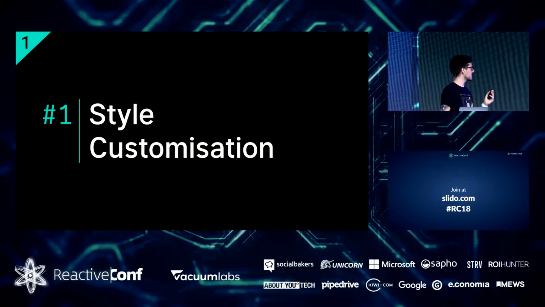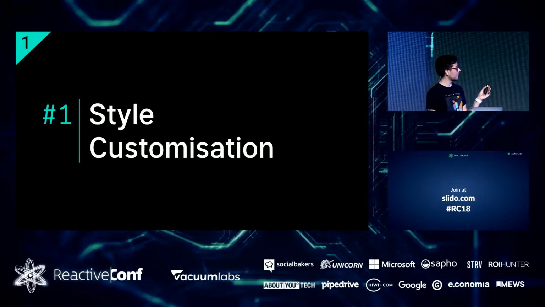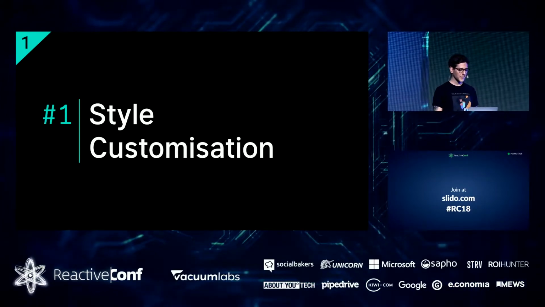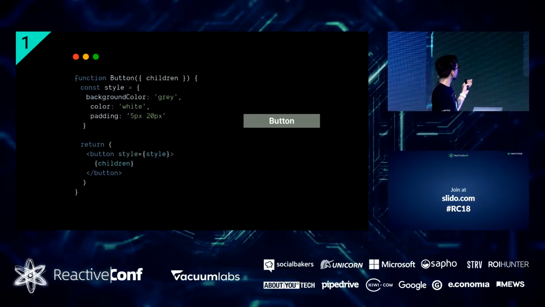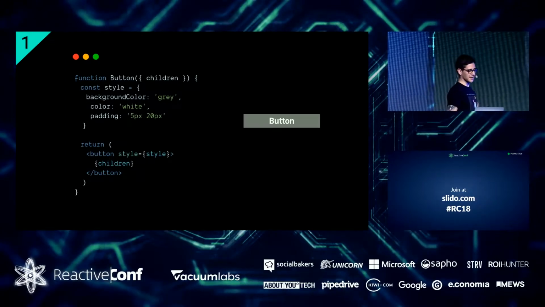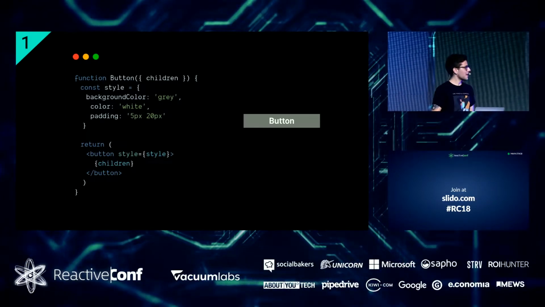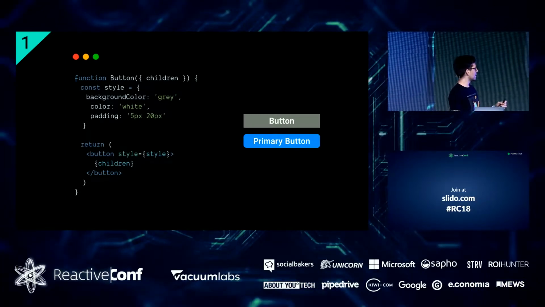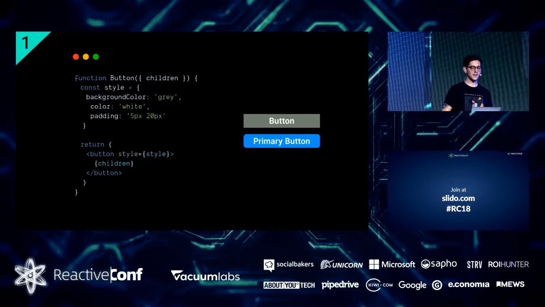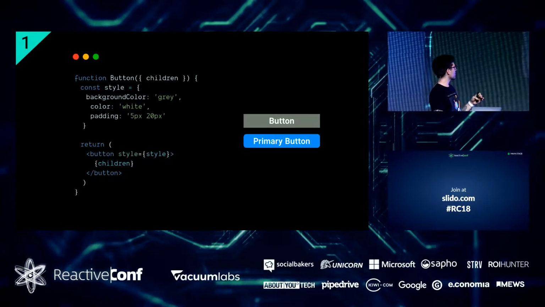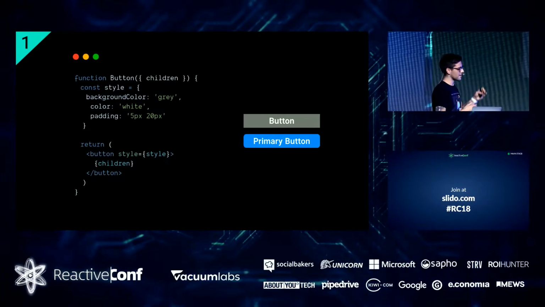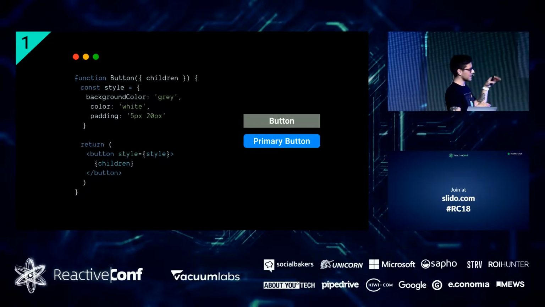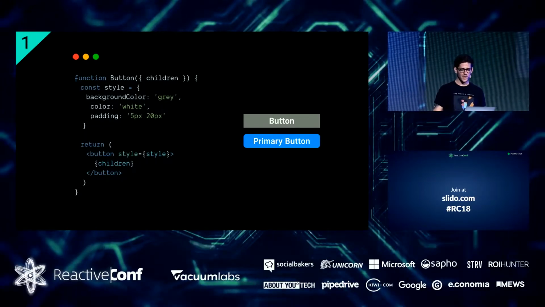And I want to do this by looking at this previous button example again, which was something like this. And as you can see, it's pretty simple. It renders to this gray button there. But now let's say we want to have another button, like, for example, this one, which is blue and has some rounded corners. OK, so the first thing you might want to do is just add some new props there, and some new style properties, and you're done. You got your button.